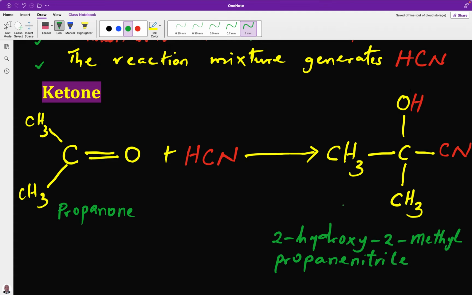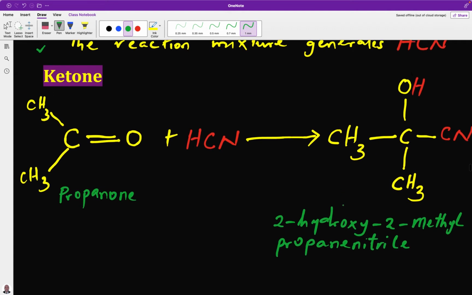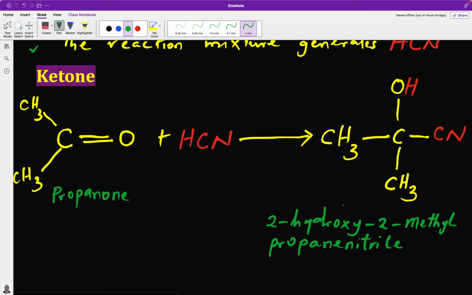So this is the chemical reaction you can find.